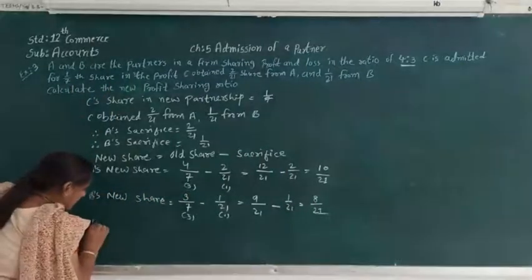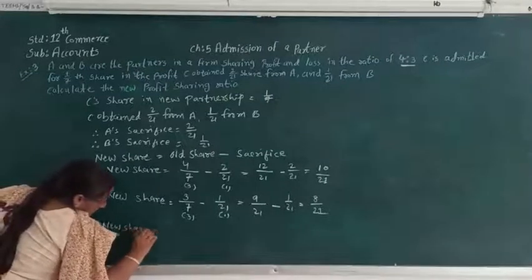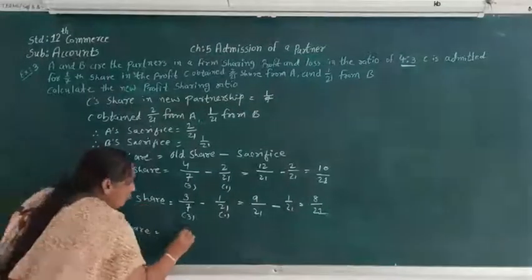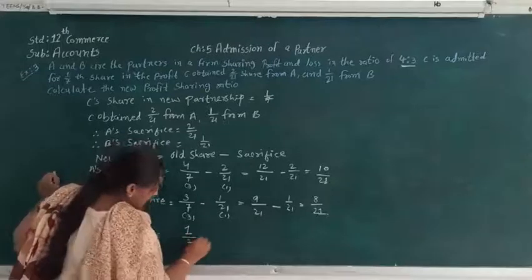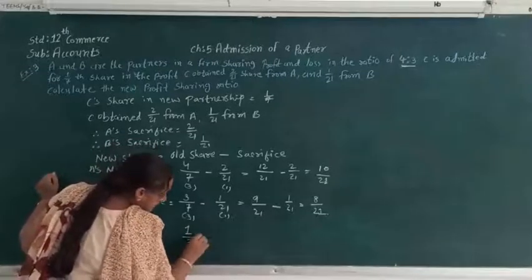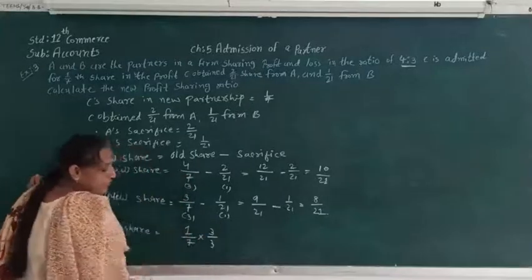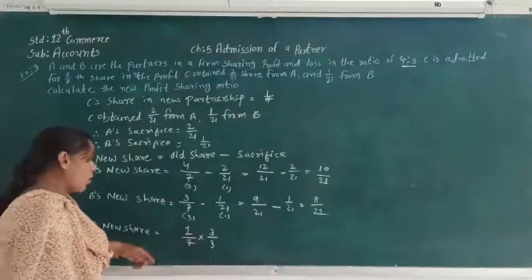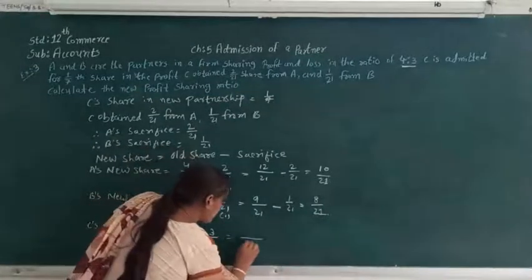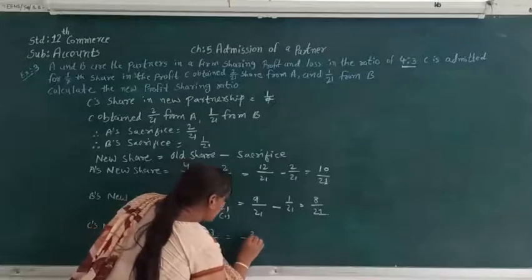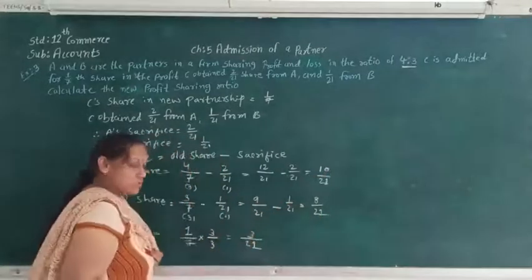And C's new share, that is already given in the sum, is 1 by 7. So here, to make the denominator same, we have to multiply this 7 by 3, and the numerator also by 3. 7 3s are 21 and 1 3 is 3. So the new profit sharing ratio is 10:8:3.